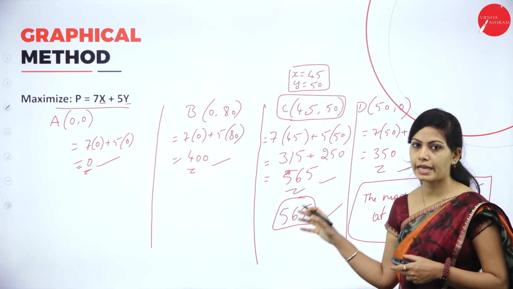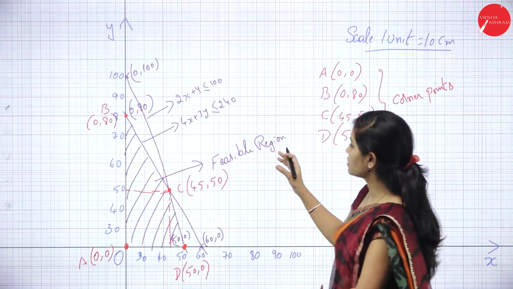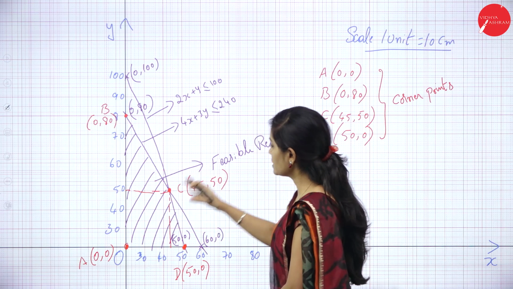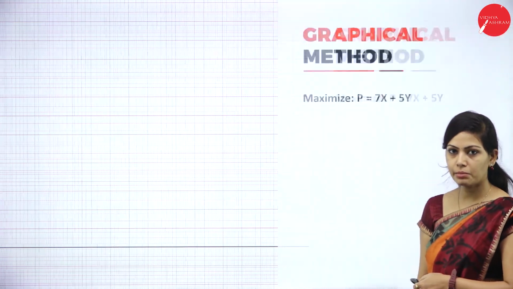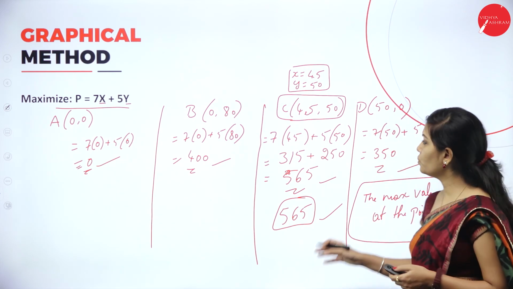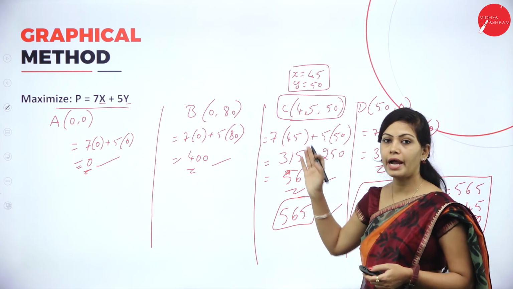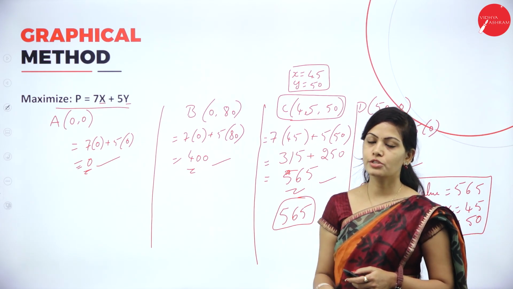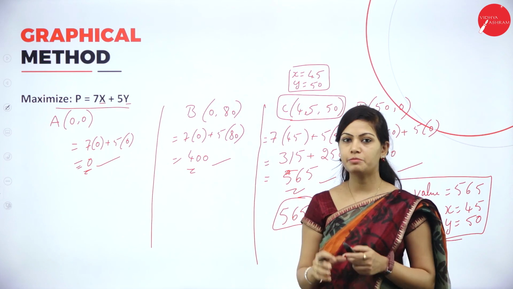So using the graphical method, we got the corner points. From the corner points, we can find the maximum value. So here 565 is the maximum value at the point (45, 50). So this is about the graphical method. One simple example I have explained today.